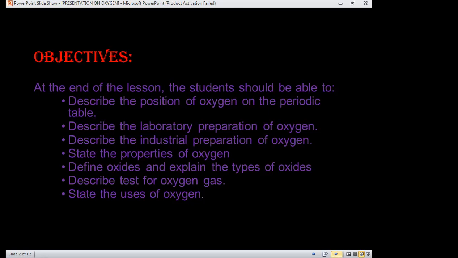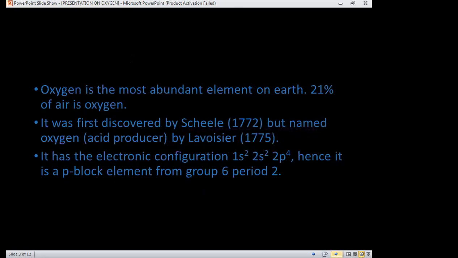Now, where is oxygen located in the periodic table? Well, before then, do you know that oxygen is the most abundant element on Earth? And the air we are breathing in contains 21% oxygen. That is to let you know how important oxygen is. It was first discovered by Scheele in the year 1772, and the name oxygen, meaning acid producer, was suggested by Lavoisier.